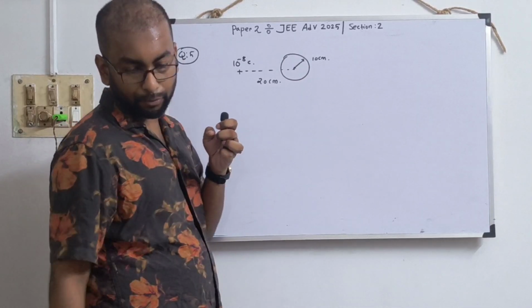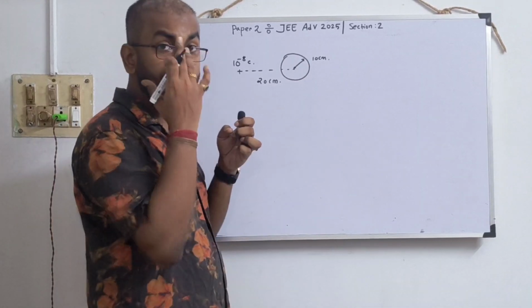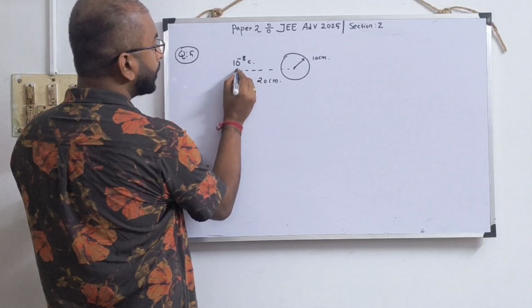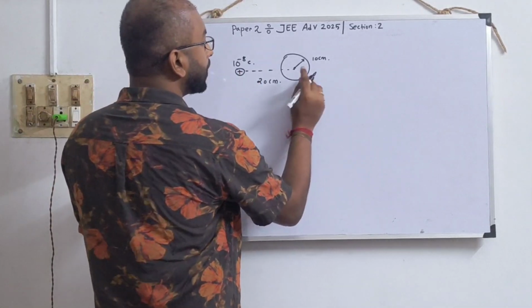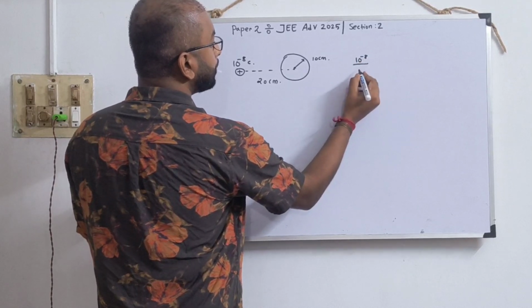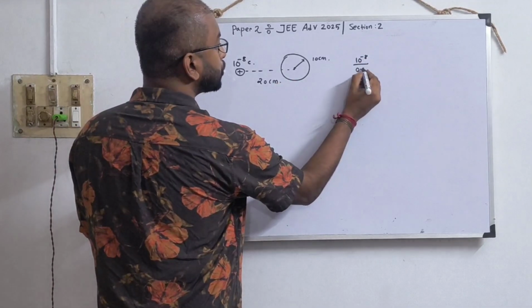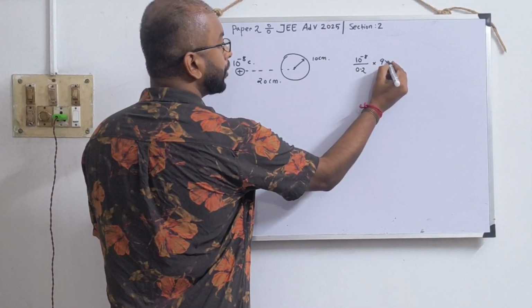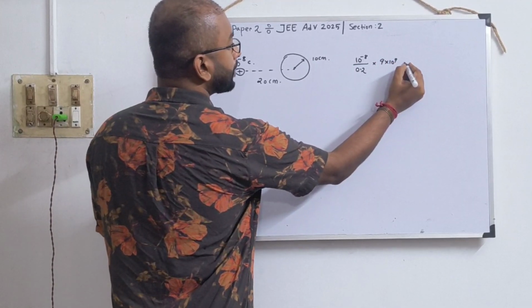The option is given, the potential is 450 volt. Let us examine whether that is correct or not. At distance 20 centimeter from the point charge, the potential of the sphere will be 10 to the power minus 8 by the distance, that is 0.2 meter, into 1 by 4 pi epsilon naught, and the value of that is 9 into 10 to the power 9 volt.